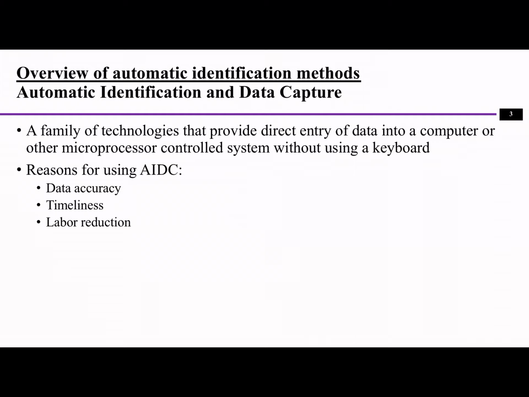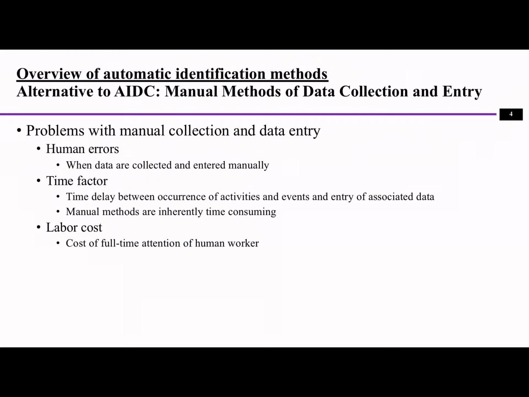counting or data collection is because there are several problems related to manual collection and data entry. First, it tends to have higher errors with human counting, because human labor can be easily distracted by other things, and the error rate is a little bit high. And also the time factor.